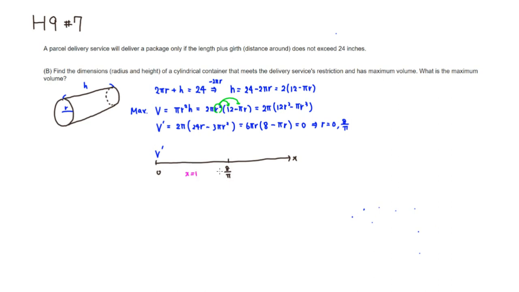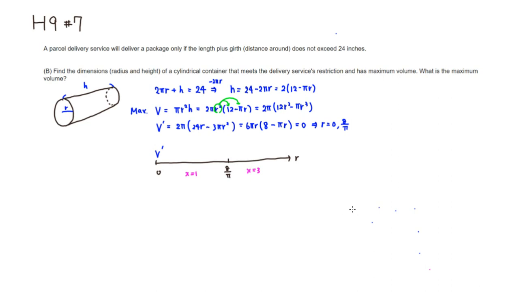Anything bigger than 8 over pi, since pi is about 3.14, 3 would be okay. Let's look at the sign. Oh, sorry, I put x there. It's actually r in this case.